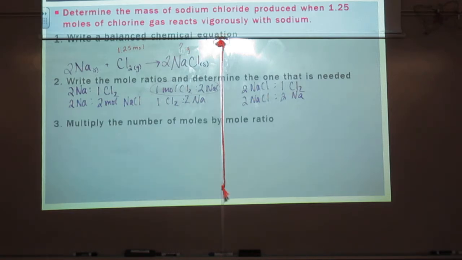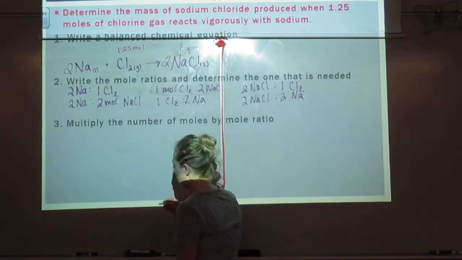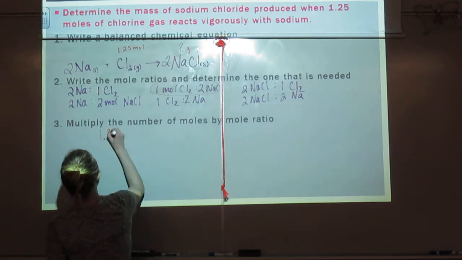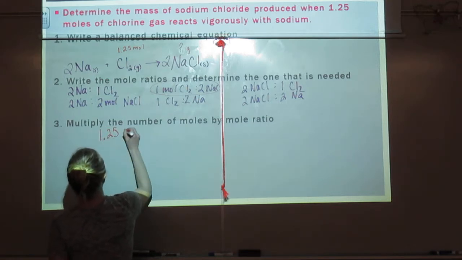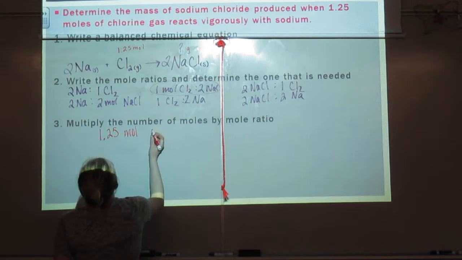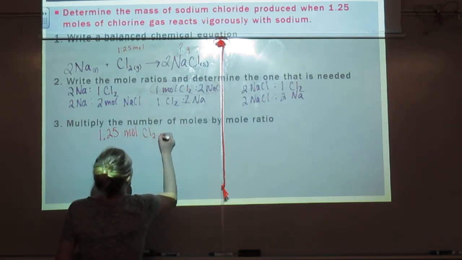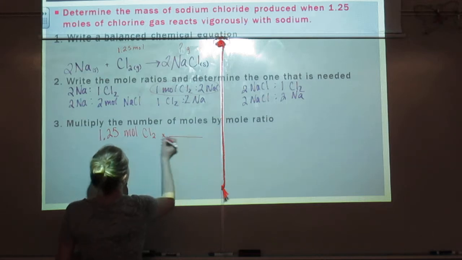Multiply the number of moles by the mole ratio. So to start with what I have, which is the 1.25 moles of chlorine, we'll just do some dimensional analysis here.